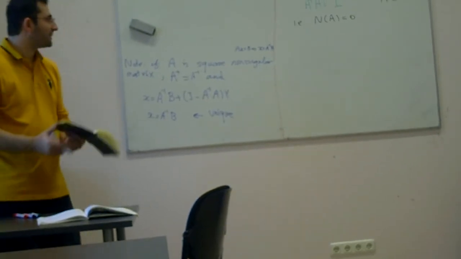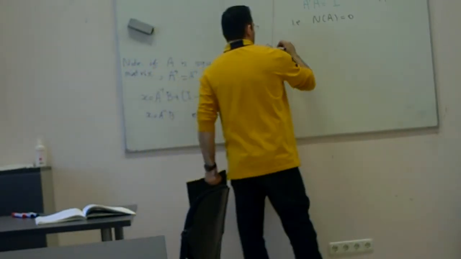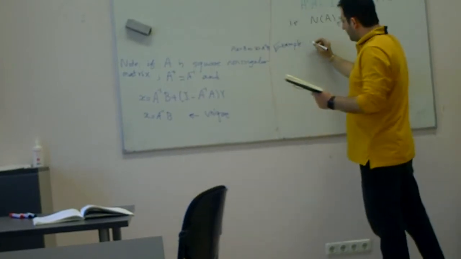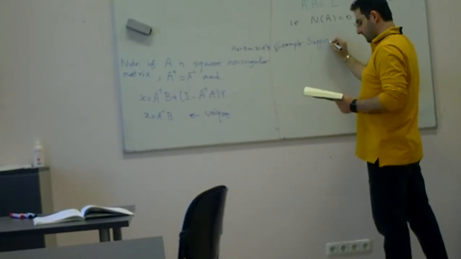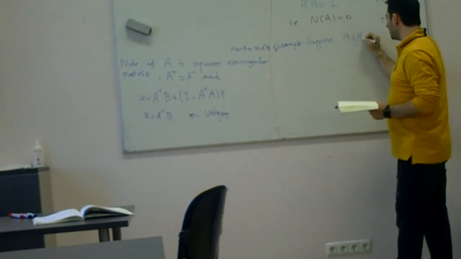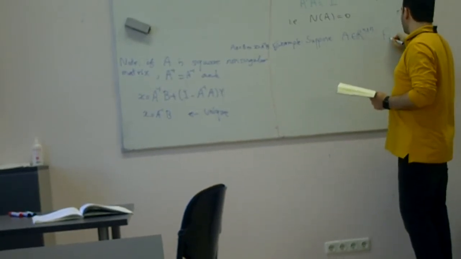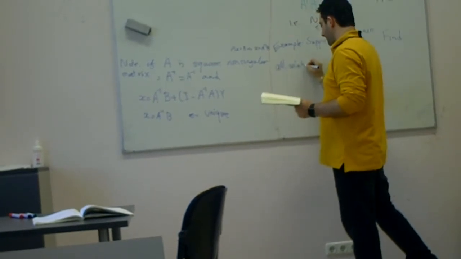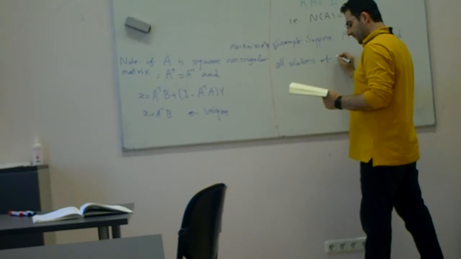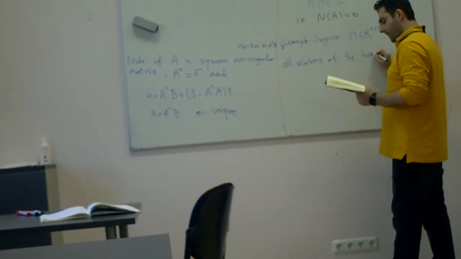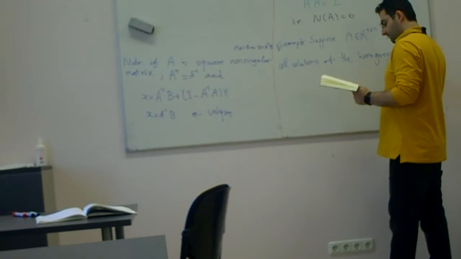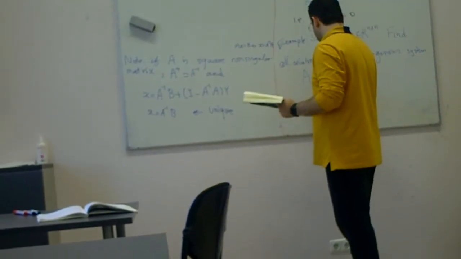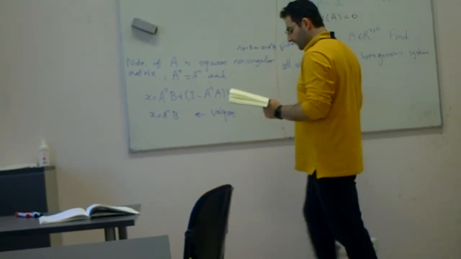Let's do one example. Suppose A is a square. Find all solutions of the homogeneous system of Ax is equal to 0.